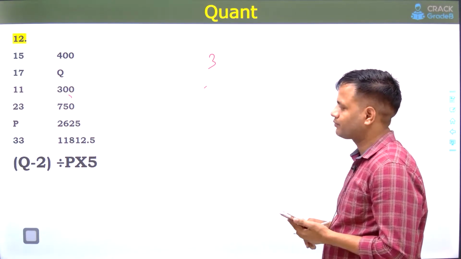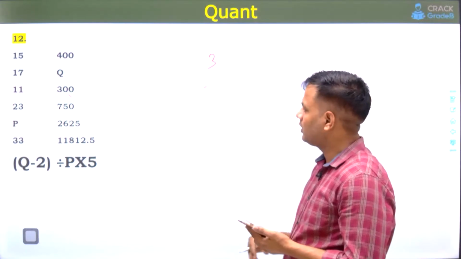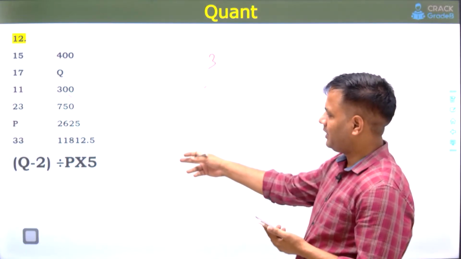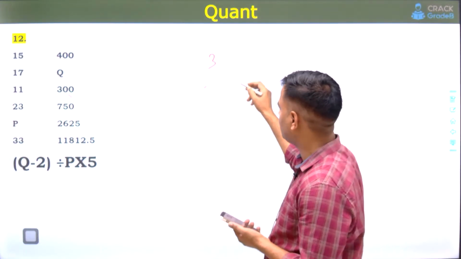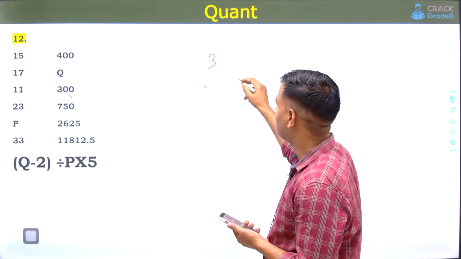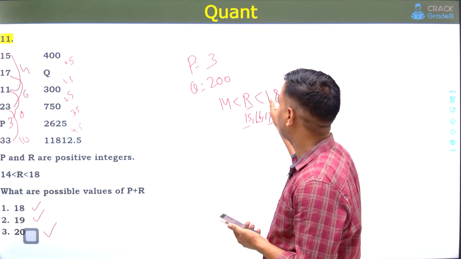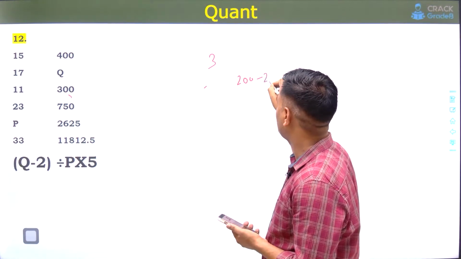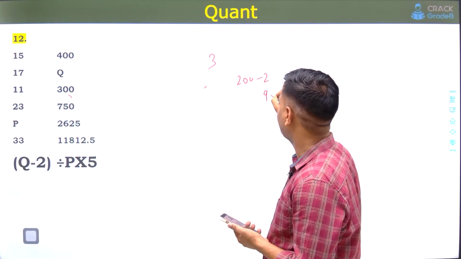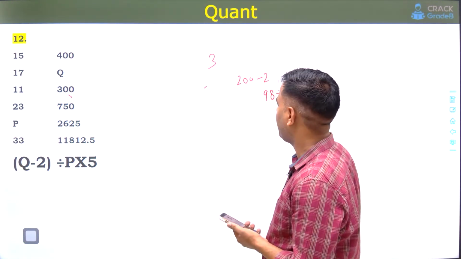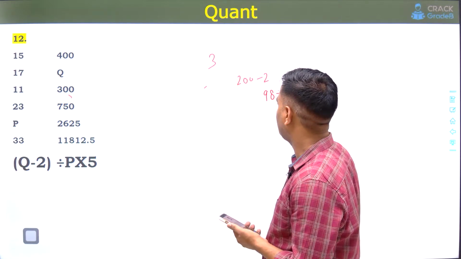Next question, q minus k2 divided by p into 5. Q was 200 minus k2 98 divided by p.